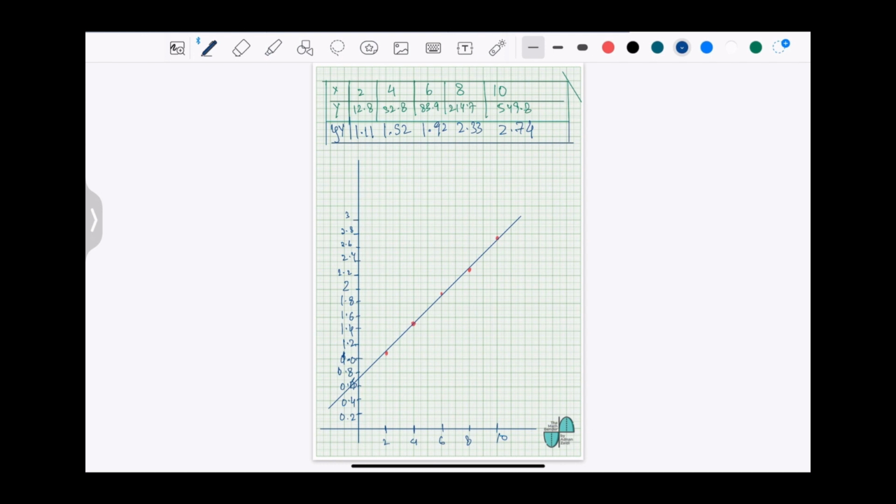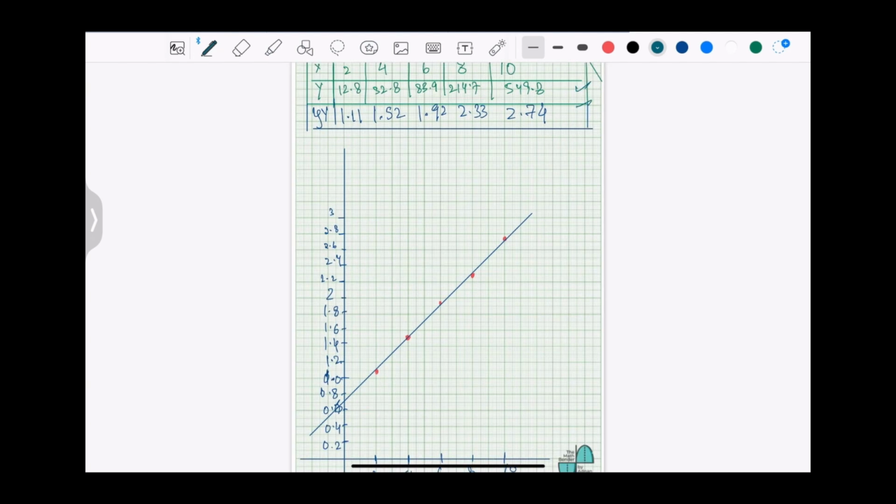If you want to find the equation of this line, then take any two points apart from the values that are given.